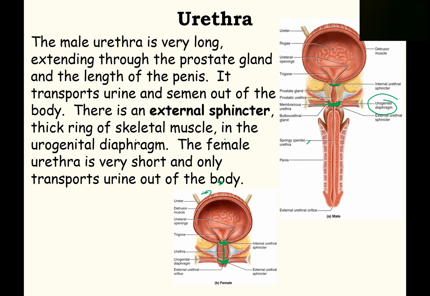In a lot of other mammals and other vertebrates, the urethra empties into the vaginal canal. So there's only one external opening or orifice for urine and the birth canal. But in humans and other primates, you have two separate tracts.